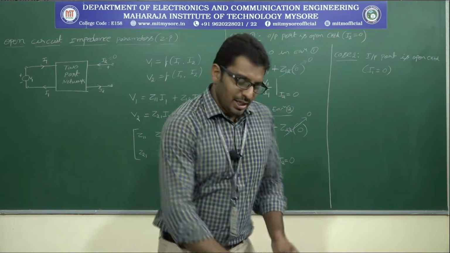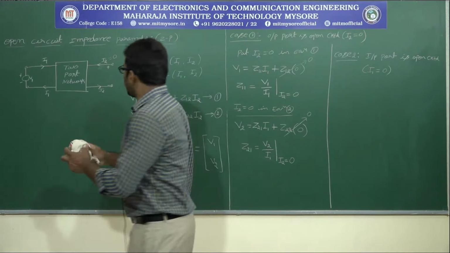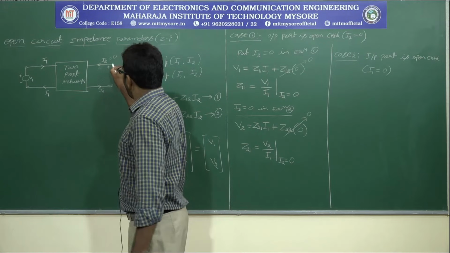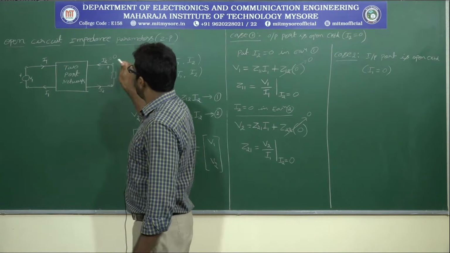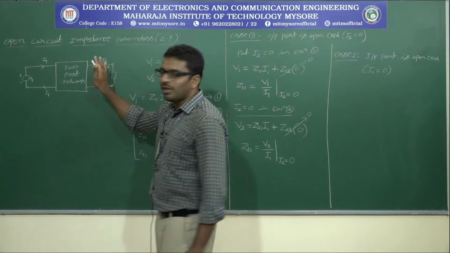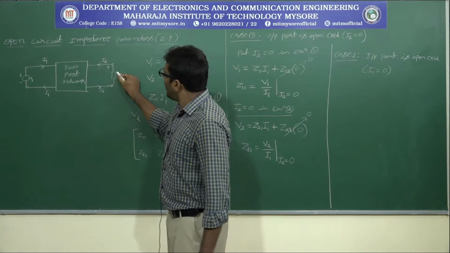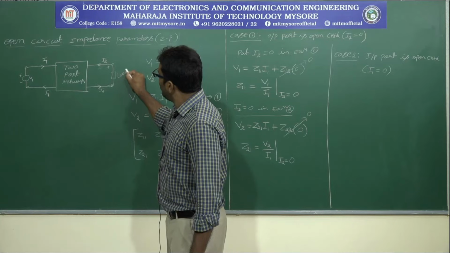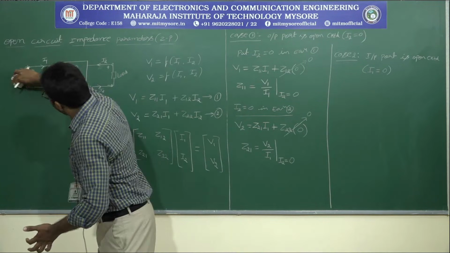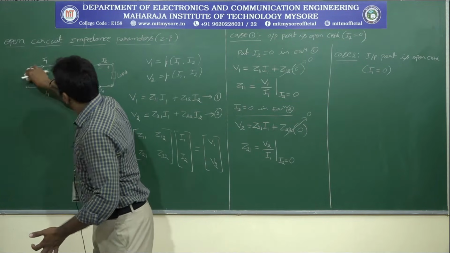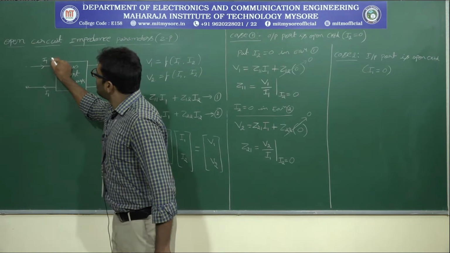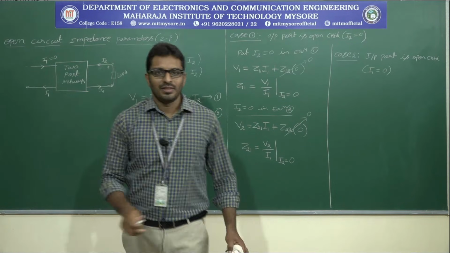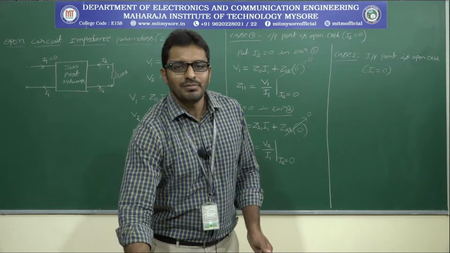Okay, let me rearrange the circuit in the same circuit here. The load remains because we are not changing the output port. So, there is some amount of current flowing. What is that? I2. Then what is this? Load. Now, the source is removed. When the source is removed, I1 becomes 0.